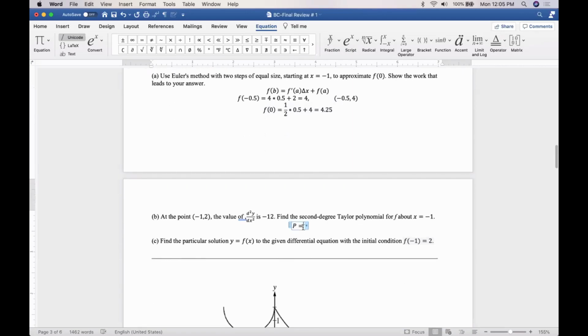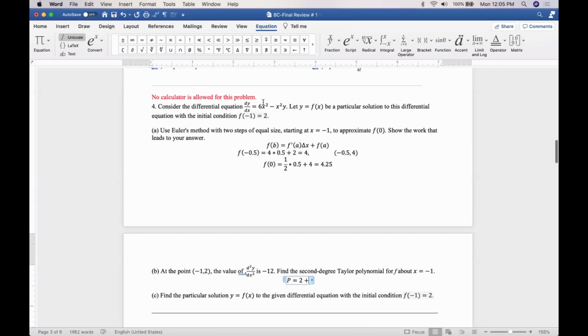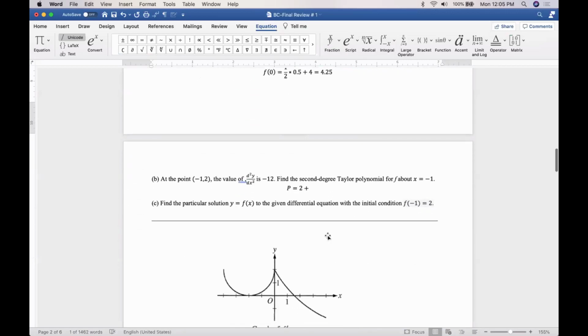So that's the first thing I'm putting here. 2 plus the derivative times x minus -1. What's the derivative at -1? We found it before, and it was 4, wasn't it?